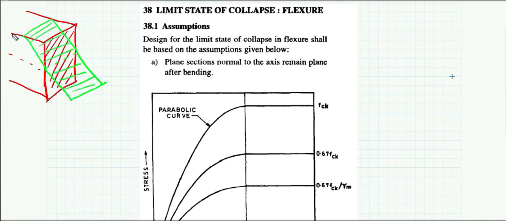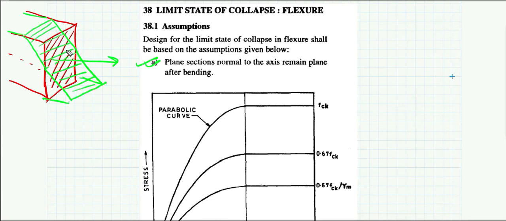and as per the first assumption, the plane section which is normal to the axis, this is the axis over here, this is a normal plane, normal to the axis, remains plane after bending. So if this is plane before bending, it will remain plane after bending.